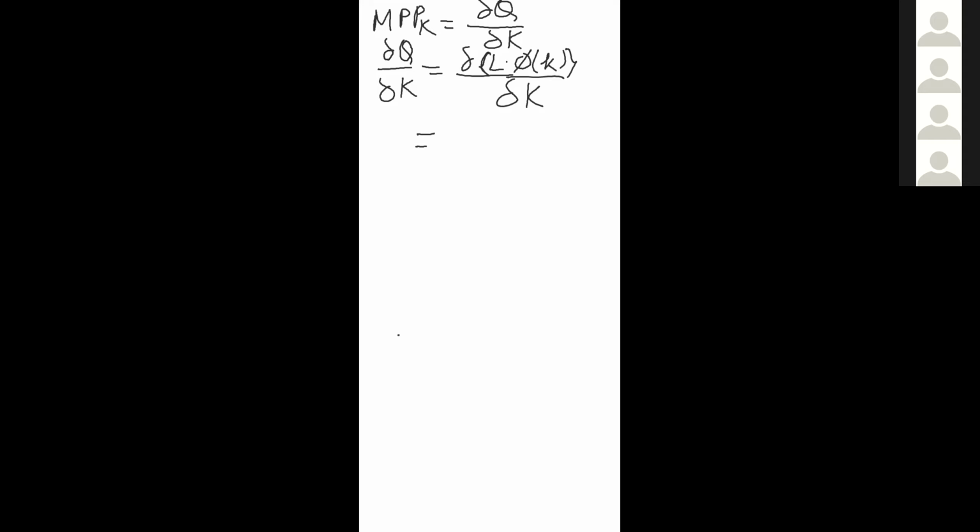So we can write here phi of small k, that is mu, del L divided by del k, then plus L into del phi of small k divided by del k. Can you write in this way? Yes, ma'am.